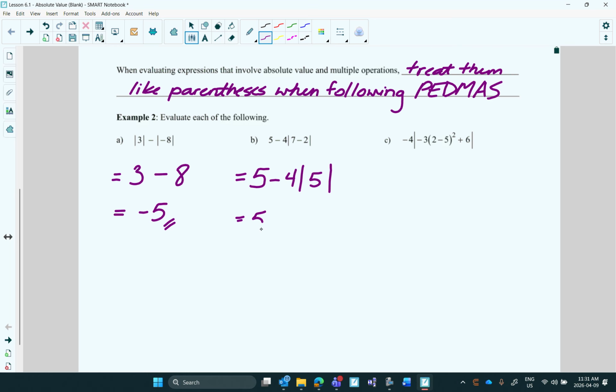And when we do work on it, the absolute value of 5 is 5, and I'm still multiplying by 4, right? So what should I put around the 5? Parentheses. So here I've done the operation in the absolute value bars. Here I've done the actual absolute value, and now it's just 5 minus 20.